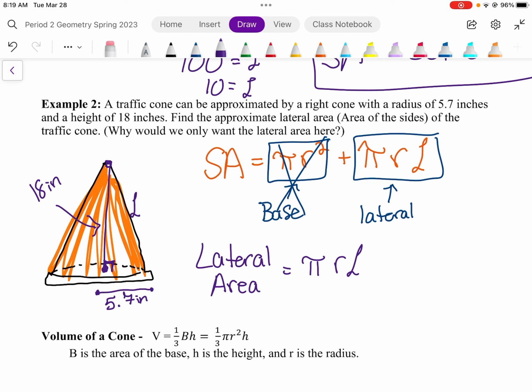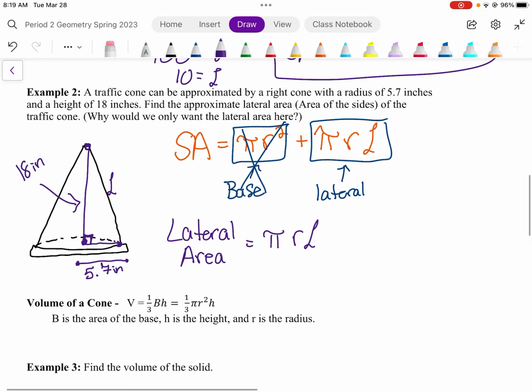So again, if you look, let me just delete this orange so we can see, we would have a right triangle here. So we can again use Pythagorean theorem to find what our slant height is. A and B are going to be the legs. C has to be the slant height because again, that's across from the right angle. So we would do 18 squared plus 5.7 squared equals C squared.